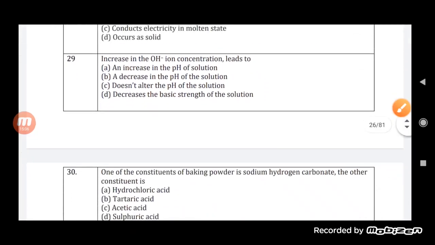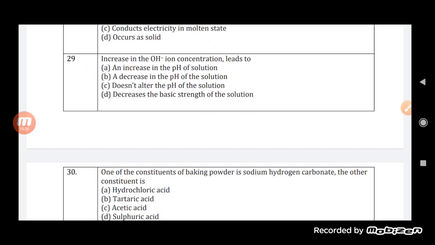Now see here, the next one is, increase in the OH ion concentration leads to an increase in the pH of solution, a decrease in the pH of the solution, doesn't alter the pH of the solution, decreases the basic strength of the solution.